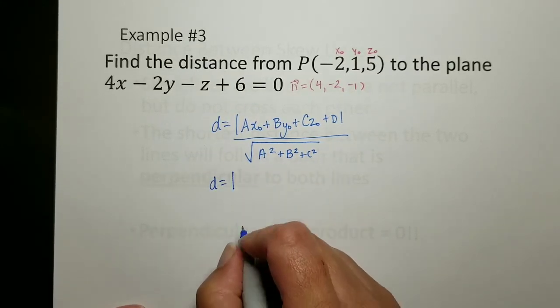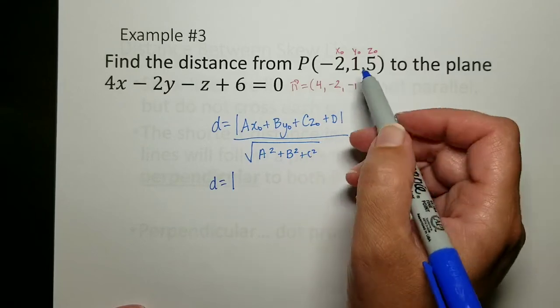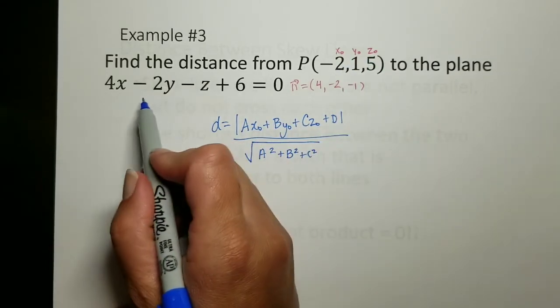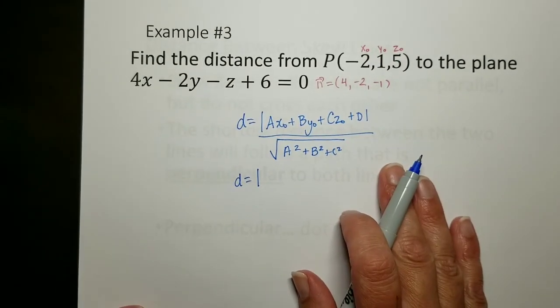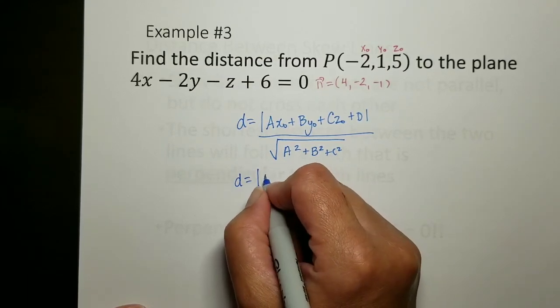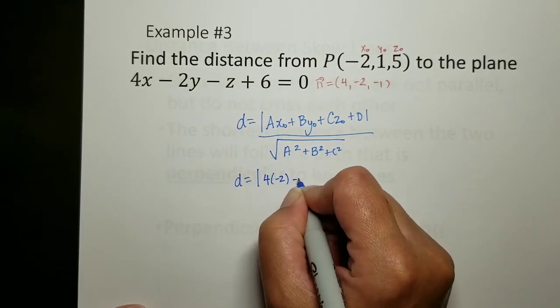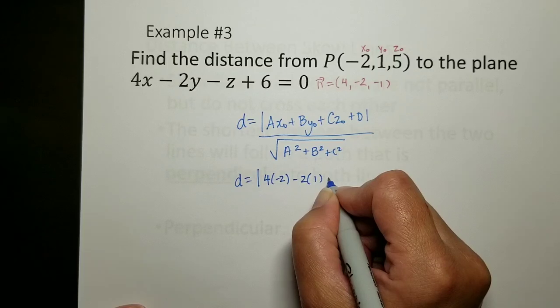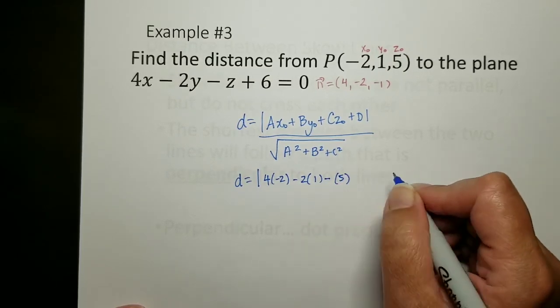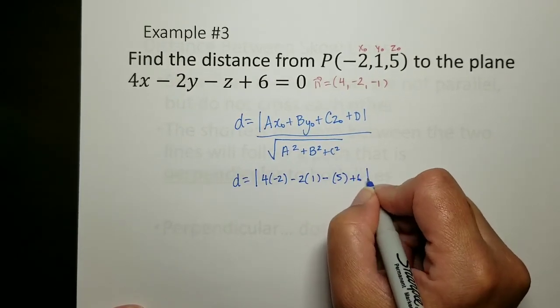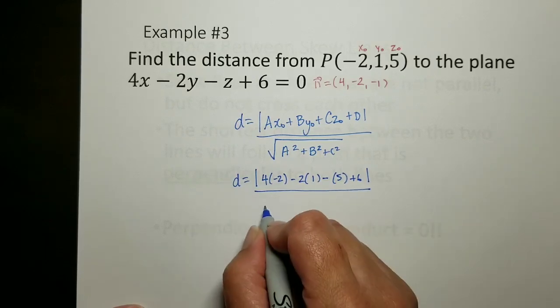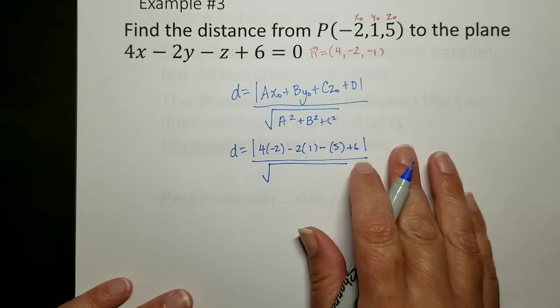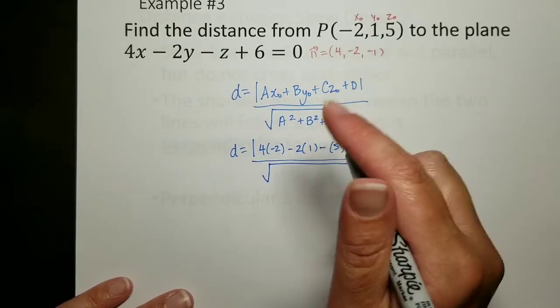This is the absolute value of basically subbing this point into the plane's equation. So we get 4 times -2 minus 2 times 1 minus 5 plus 6, and take the absolute value of that. If it's negative, we'll change it to positive, divided by the magnitude of this normal.